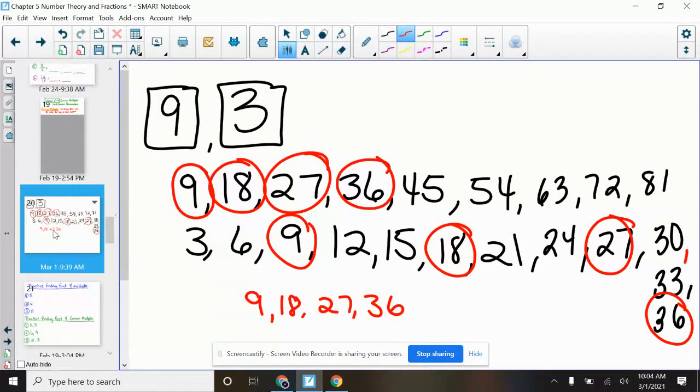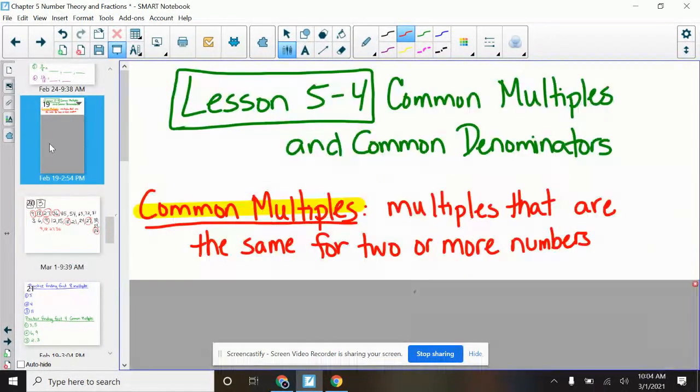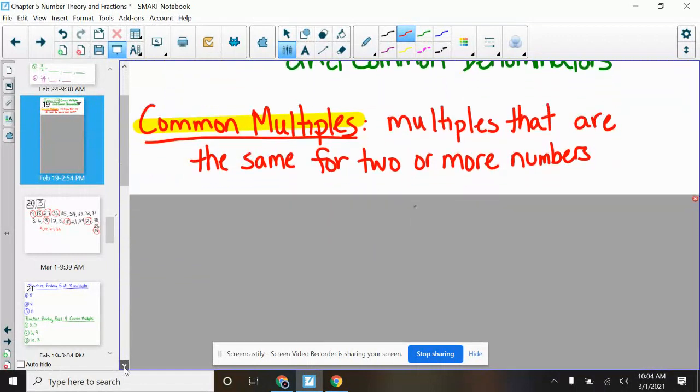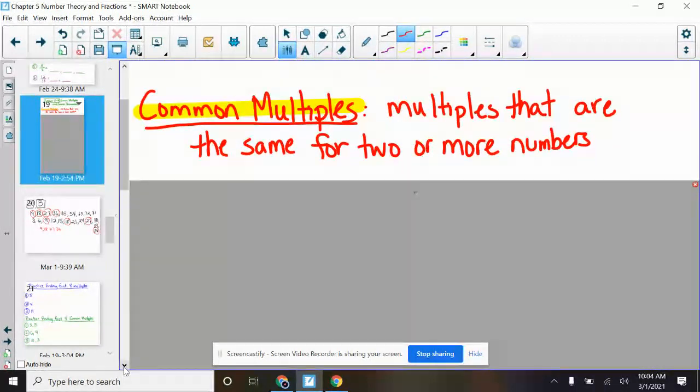How does common multiples feel? Okay. So if you need this information, I'll let you add it. The book defines common multiples as multiples that are the same for 2 or more numbers.